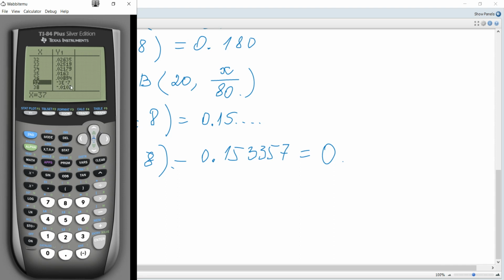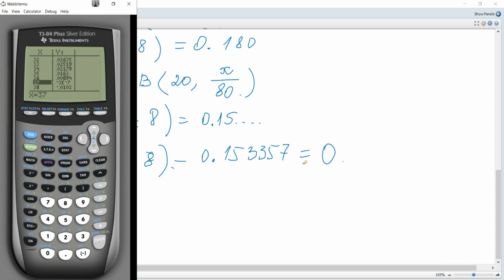It doesn't matter that it's negative, it means negative 0.000000 and 3, so it's approximately 0, and it doesn't matter whether it's negative or positive, so it's the closest value to 0.